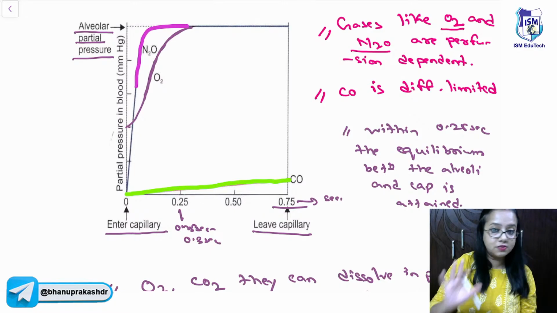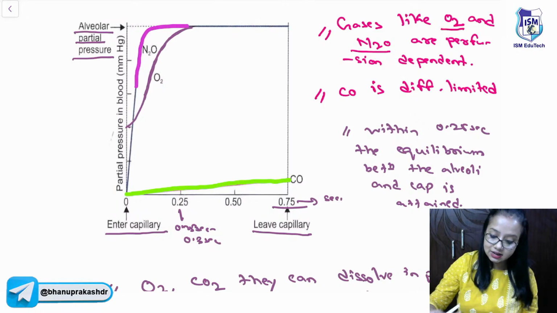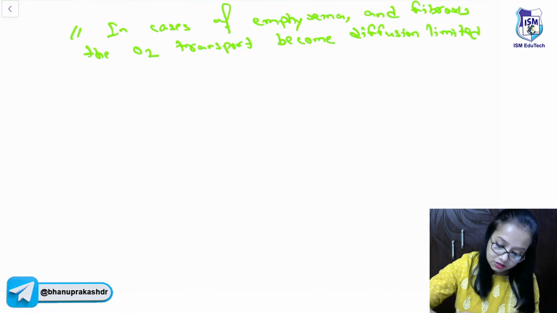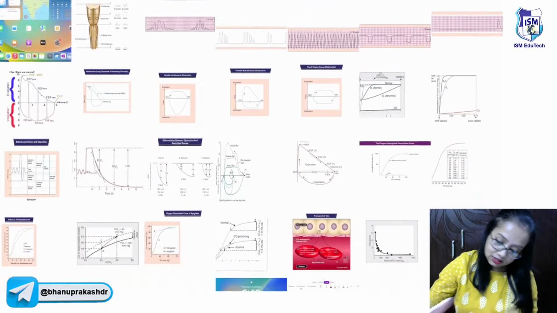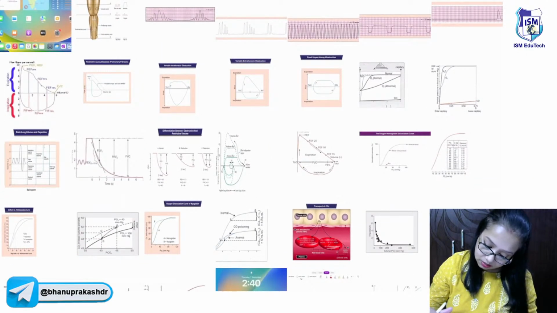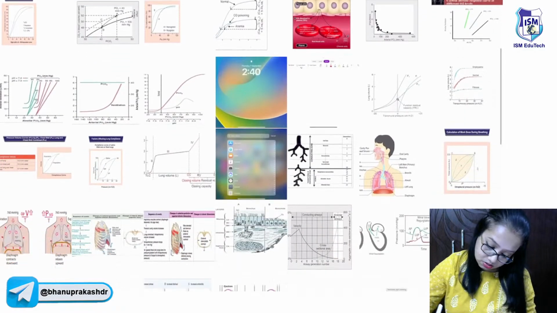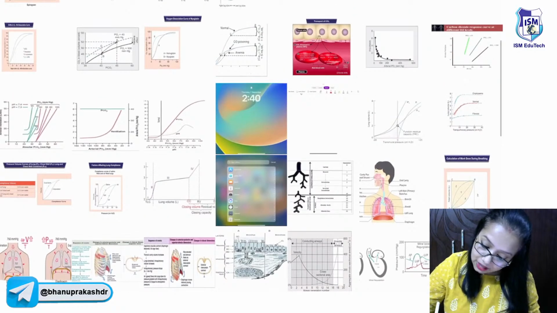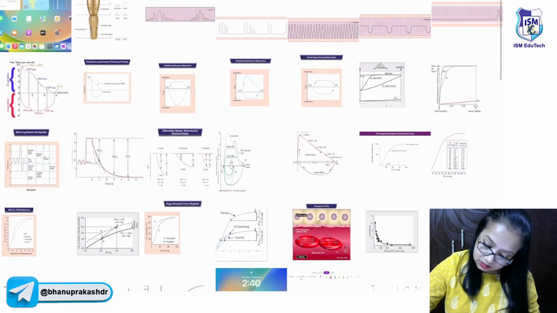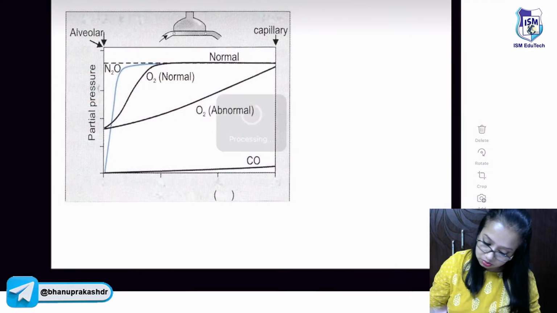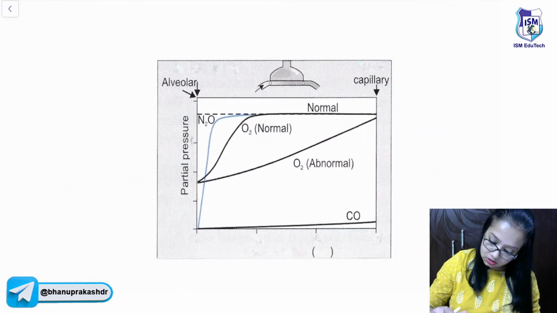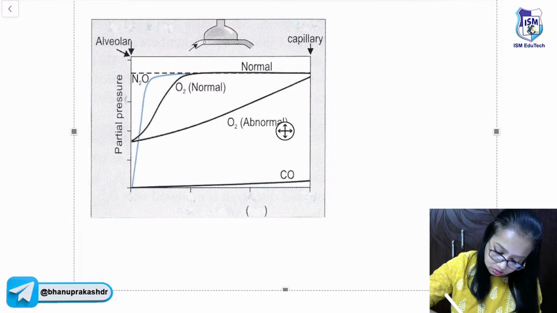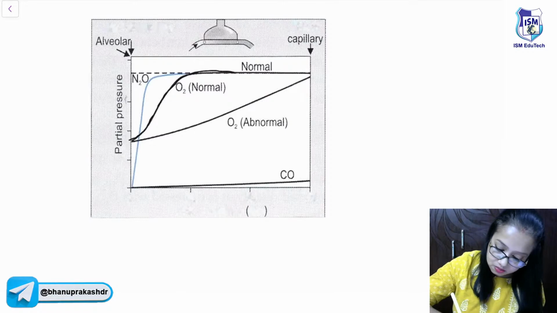So it cannot follow Fick's law. In that condition, it becomes dependent on diffusion, and the same graph will look like this. It will become abnormal and change to this. On our top we have the solid, continuous line, this O2, which is in normal condition.